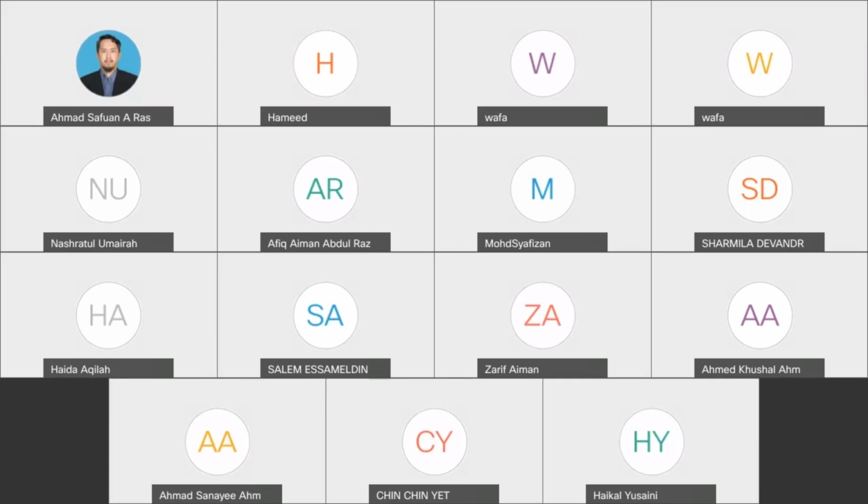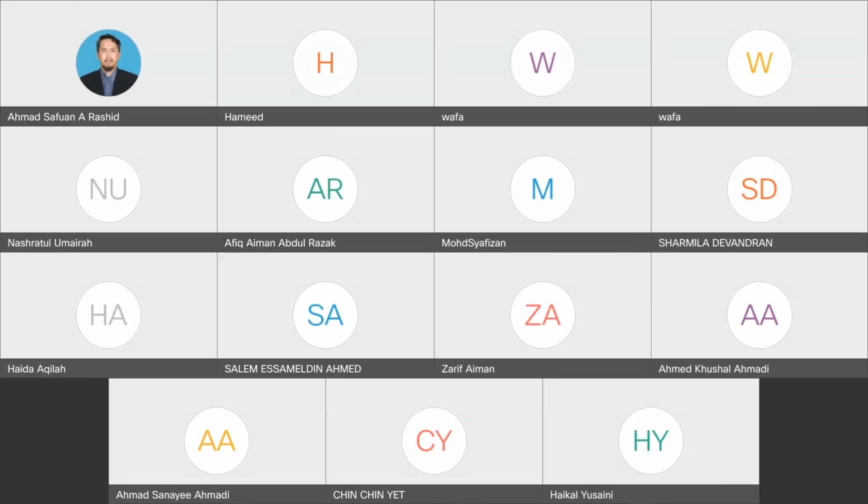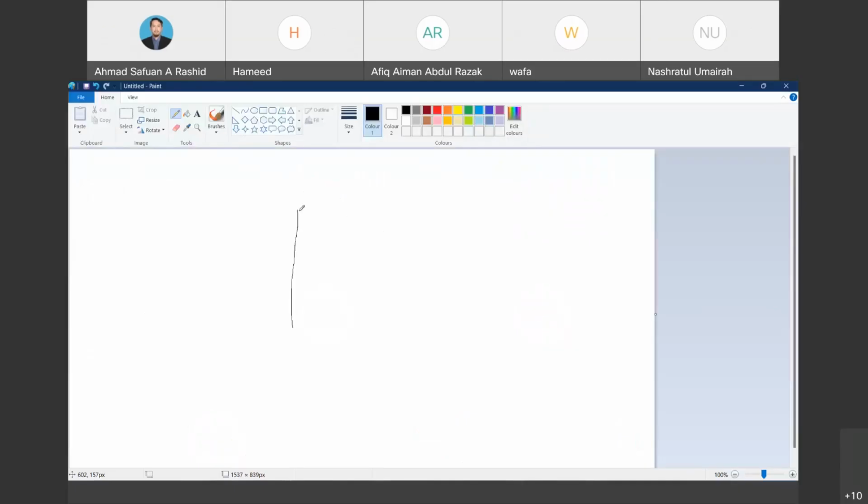I will show you how to draw it. The depth is 3.3. So definitely the stress will increase with depth. Then we need to know what is the pressure at this point.